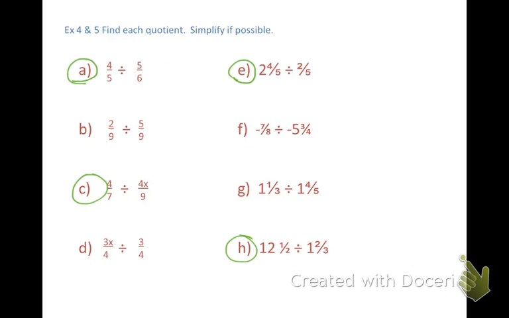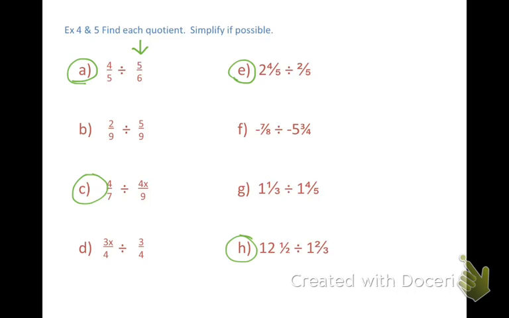All right. Now, we know how to multiply fractions because of the last lesson. So we're going to take a division of fractions and turn it into a multiplication problem. To do that, we use the word reciprocal, which means flip. We're going to take the second fraction and turn it into a multiplication problem.